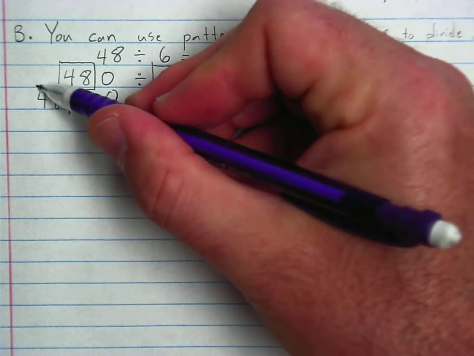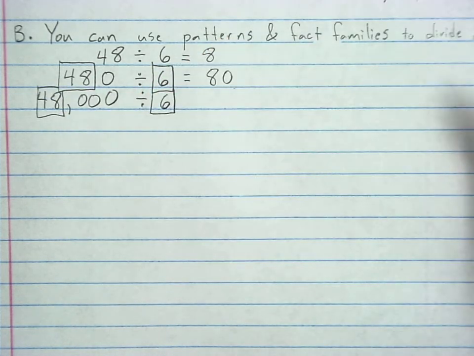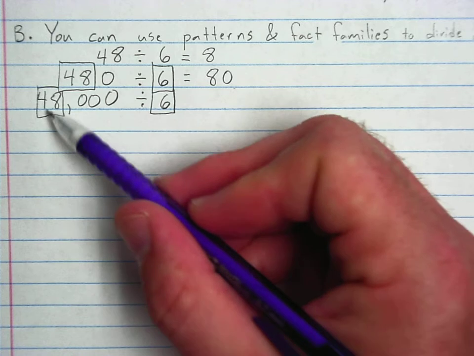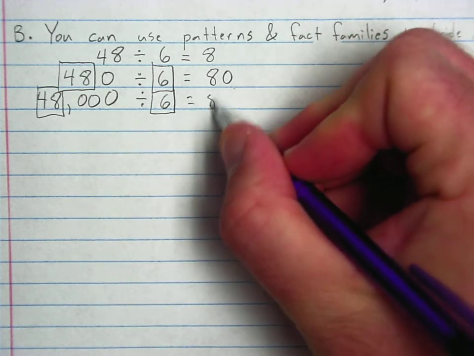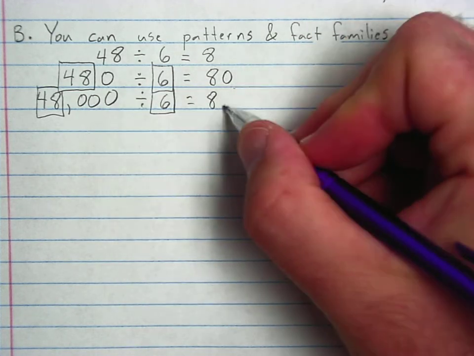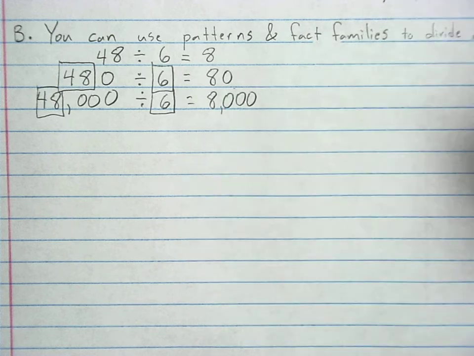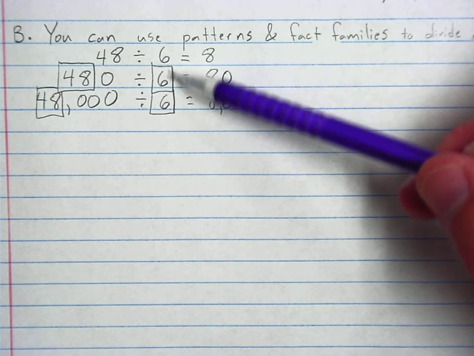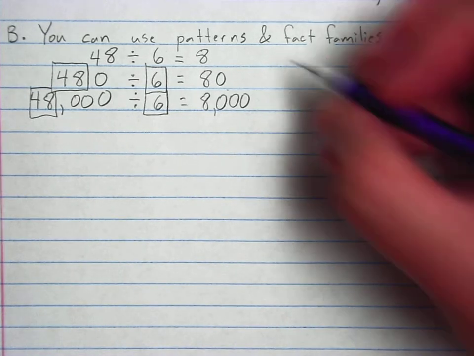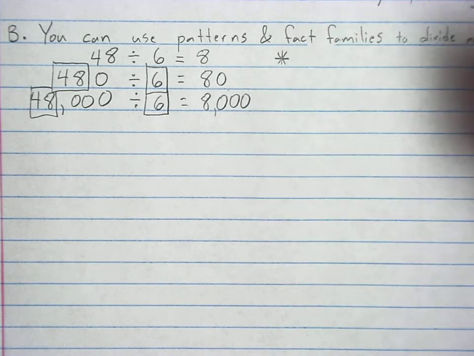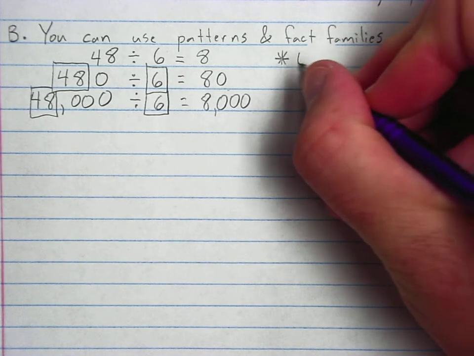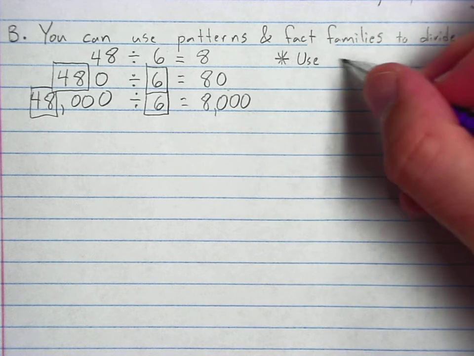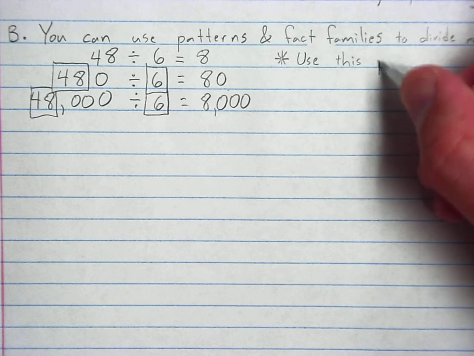Let's divide 48,000 divided by 6. 48 divided by 6 is 8. Put the zeros, 1, 2, 3. Now, that seems super easy. And if you have a single-digit divisor, it is. But that's a pretty big if. Use this pattern.